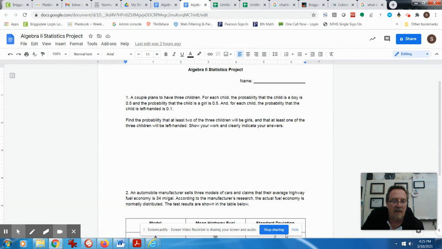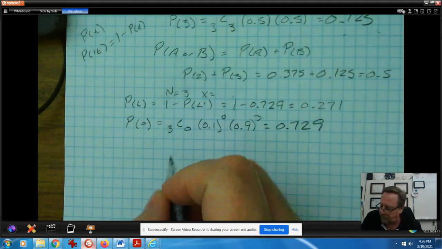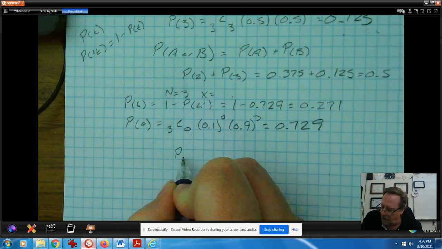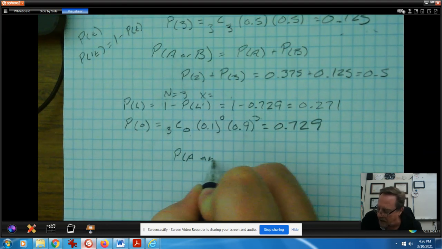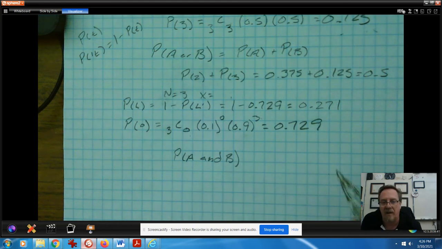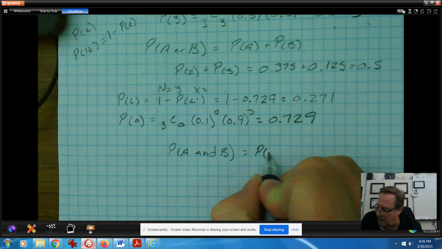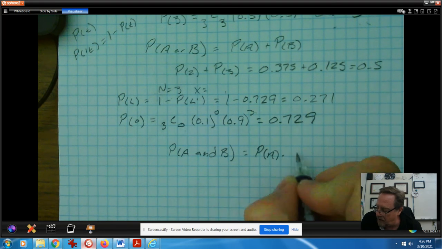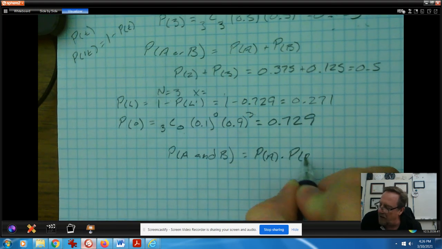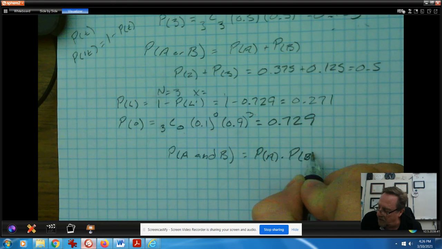And to do that, we should remember that the probability of A and B happening was equal to the probability of A times the probability of B.